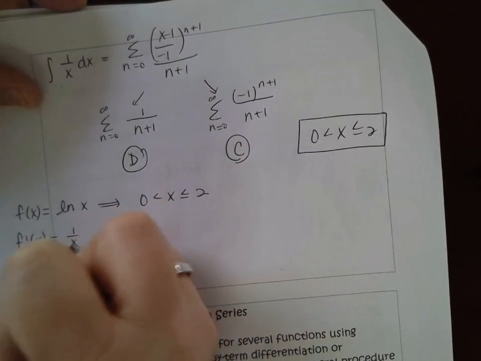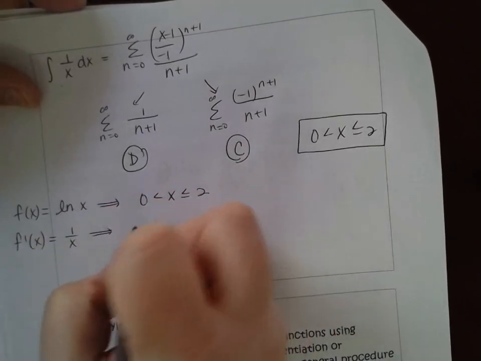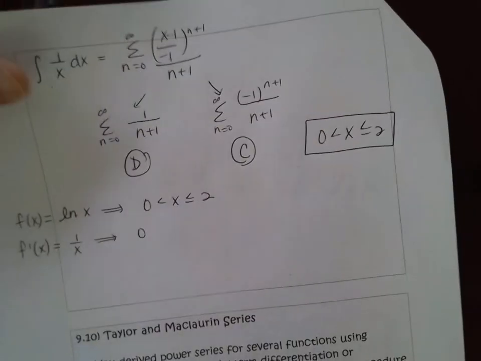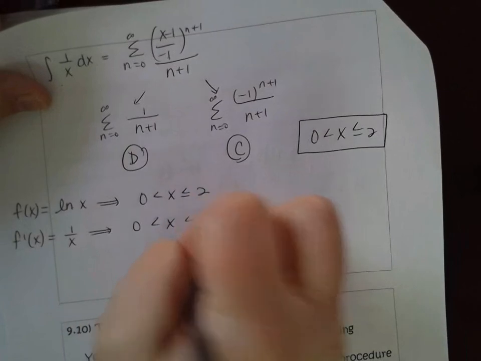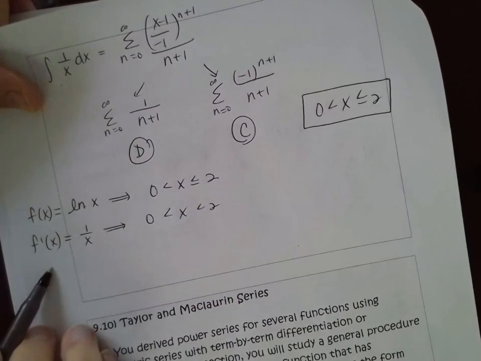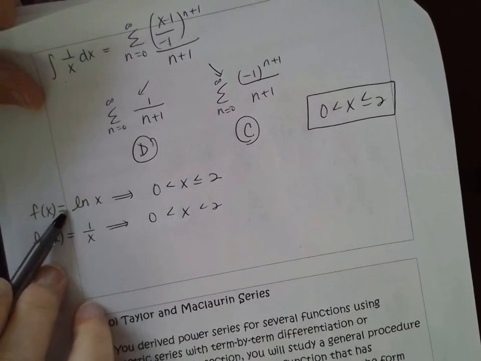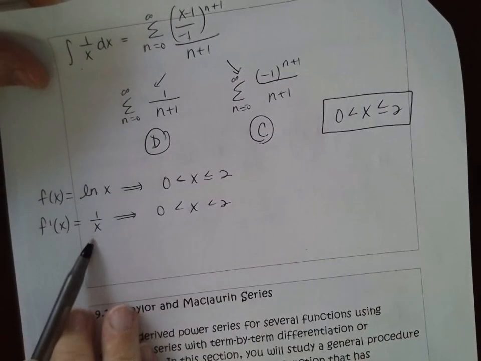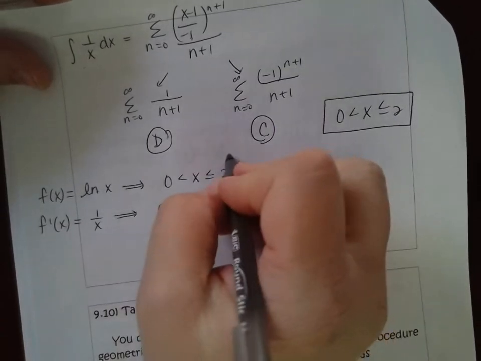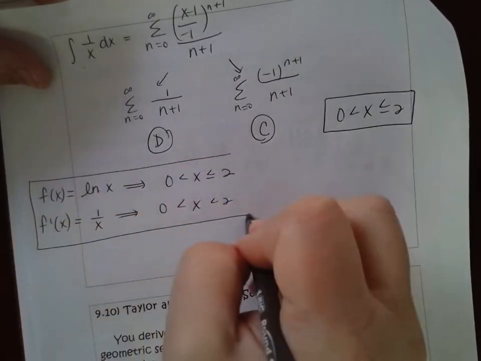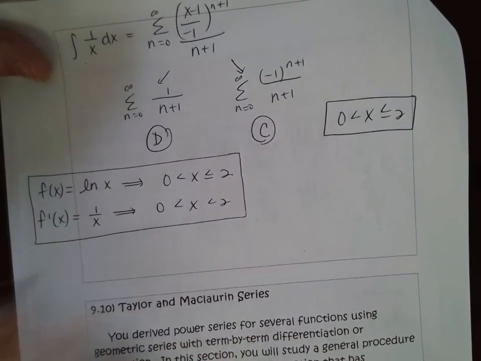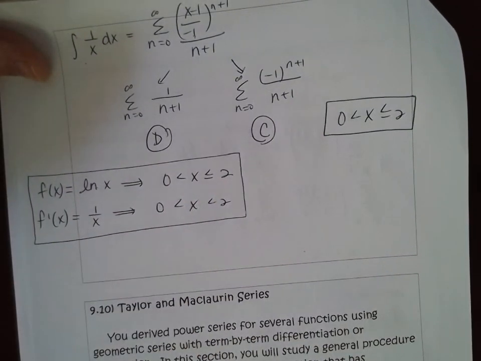So the derivative, 1 over x, gave me an interval of convergence. That was what I treated as my original, 0 to 2. And I will not be able to do the integral because there is no integral of this, and the integral of this is that. So this is what I'm limited to. I could take a derivative of this, but that's really not going to help me here. So I'm going to go back when I revise my notes, and I'm going to fix the wording of this. But that's what I'm looking for this function to be figured out.